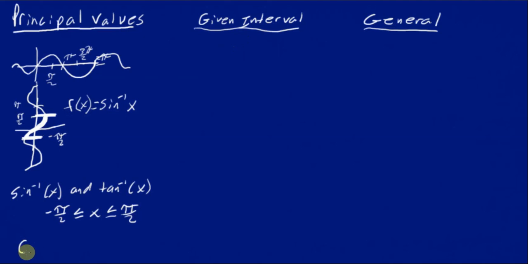The inverse cosine of x is going to be on the interval from, let's make that 0, to pi.